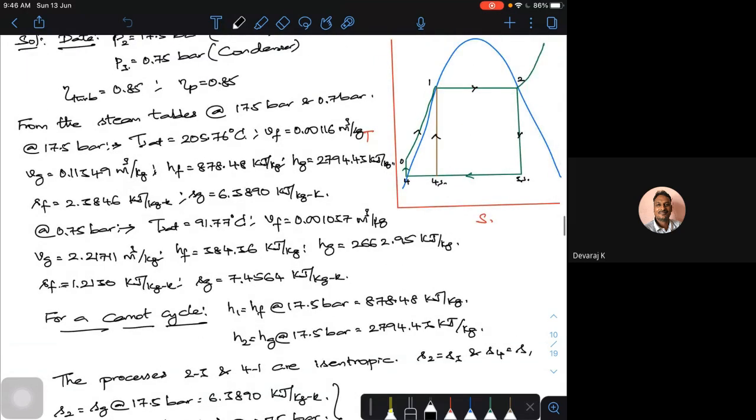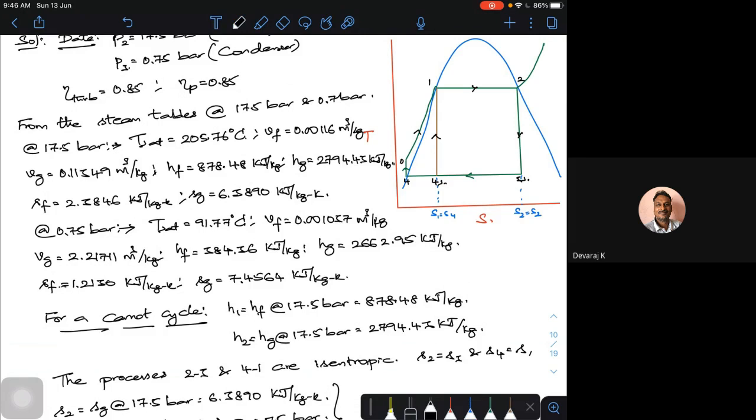See, if you consider the process 1 to 4 or 4 to 1, it's isentropic. That means S1 is equal to S4, and very similar to S2 is equal to S3, whatever we consider for the process 2 to 3.